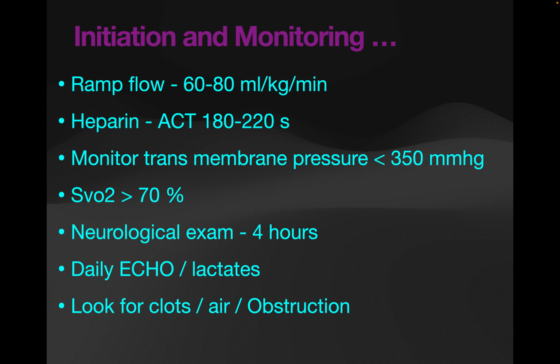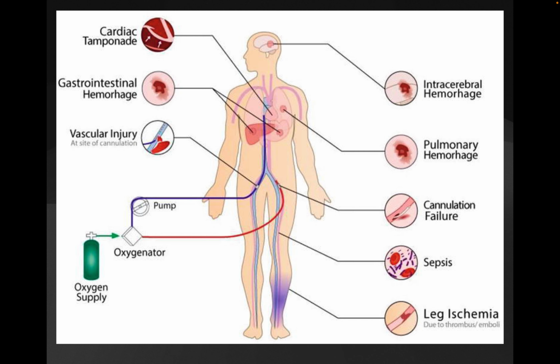Monitor the transmembrane pressure of less than 350, the SvO2 of about 70% or more, and we do neurological examinations every 4 hours, daily echos, daily lactates, and of course you need vigilance on troubleshooting, mainly in terms of clots, air, or obstruction of either of the cannulas.